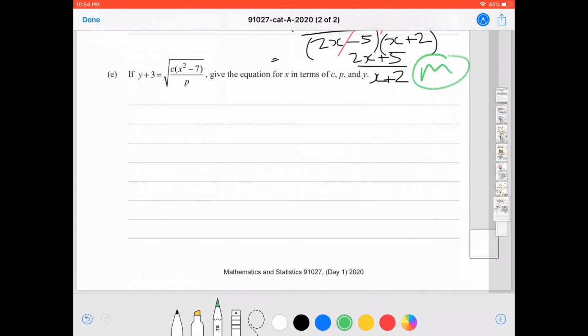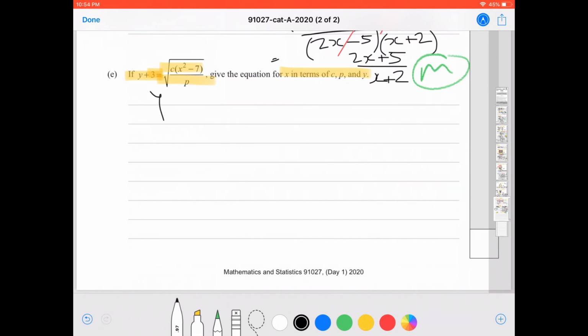Okay, moving on to the last question of the paper. If y plus 3 equals the root of cx squared minus 7 over p, give the equation for x in terms of c, p, and y.